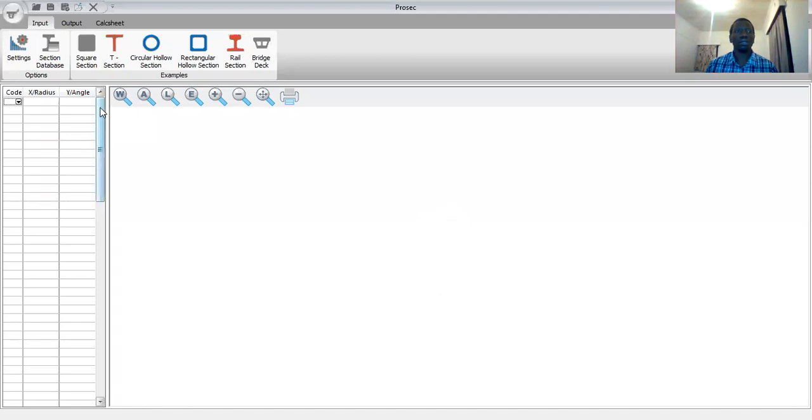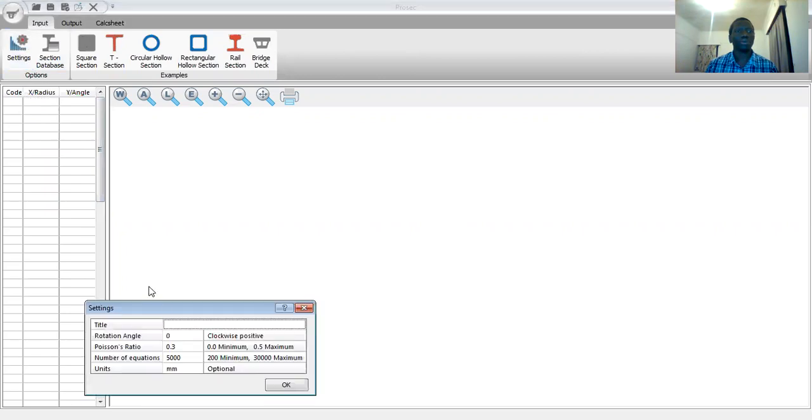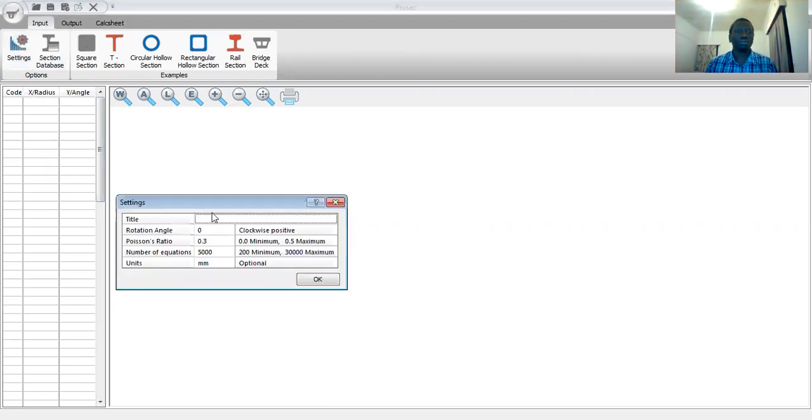Okay, now as you see, to determine the section properties of a polygon, you've got this section calculation window. So basically, you've got your input, your output, and your calc sheet. You start with your input, and before the input, let me just take you through the settings. You can set up settings of your polygon if you want to.